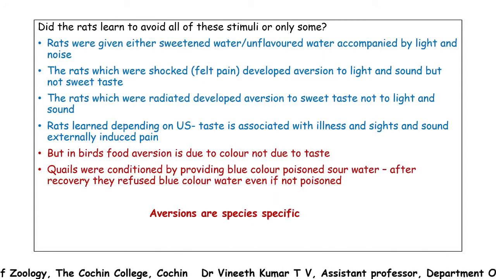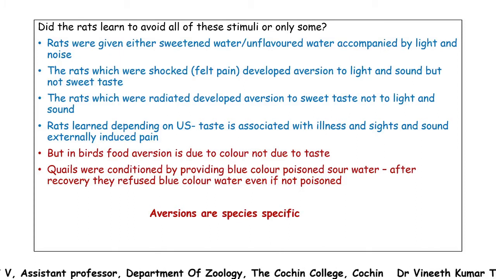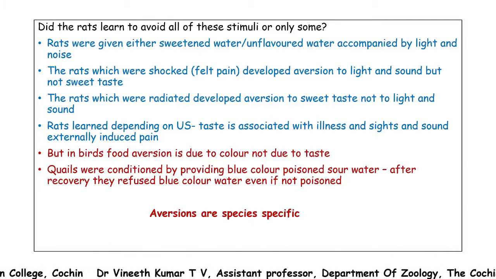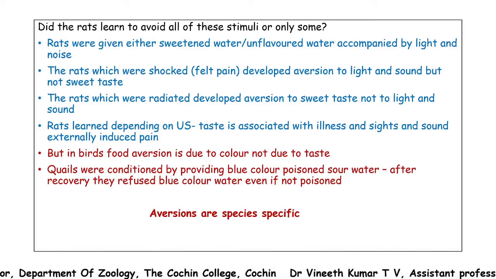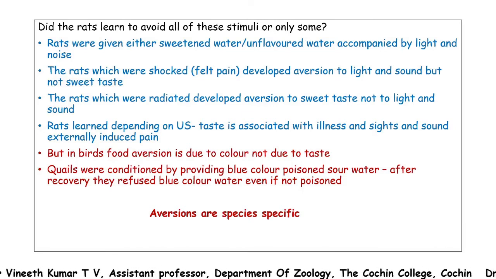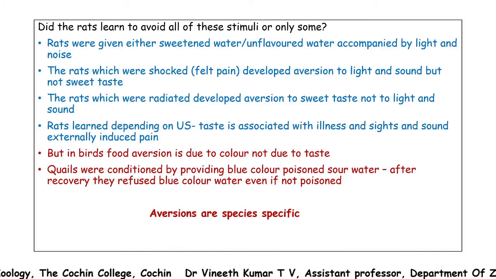So they got ill because of the poison, and then they recovered. In the second experiment, they gave just blue colored water without any sour taste and without any poison, and a plain water which had a sour taste without the poison.